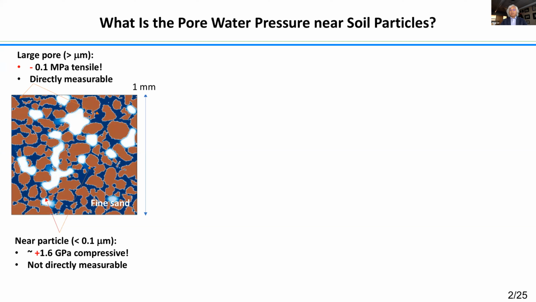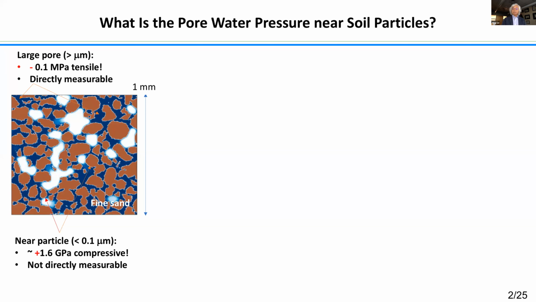The most challenging part is that this is not measurable with current technology. So for years, even though we speculate, and even though we have some theory, for example, electrical double layer theory that allows us to calculate the swelling pressure among the clay particles, we have never been able to directly measure that.